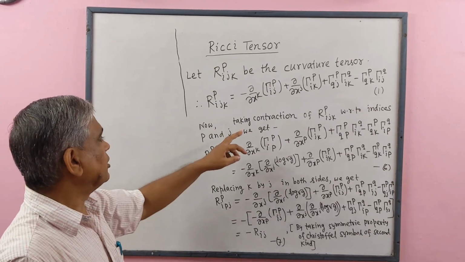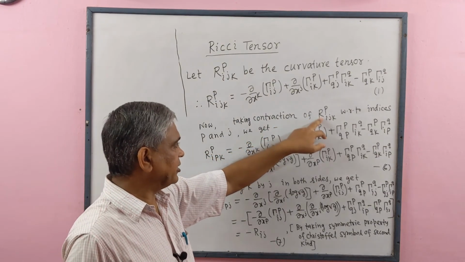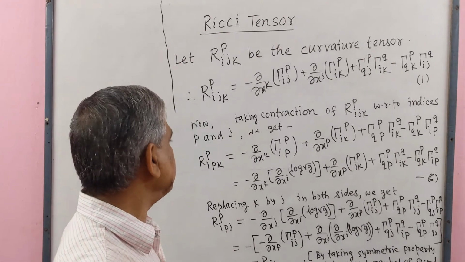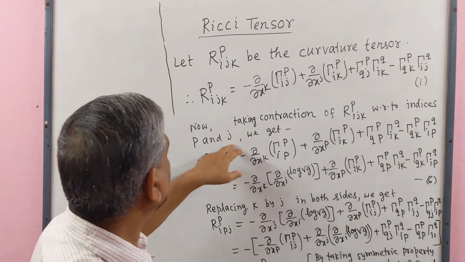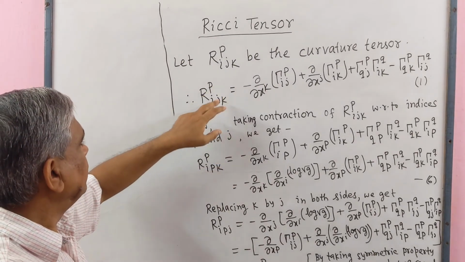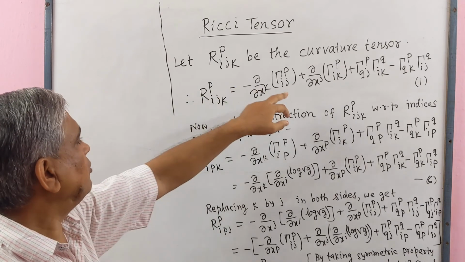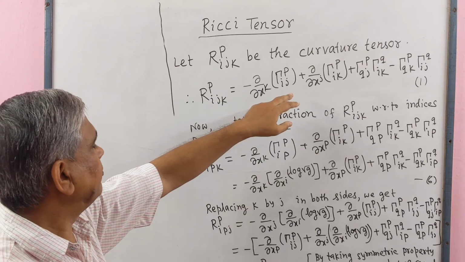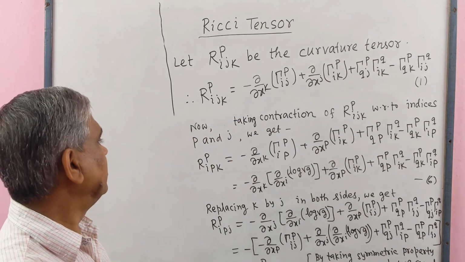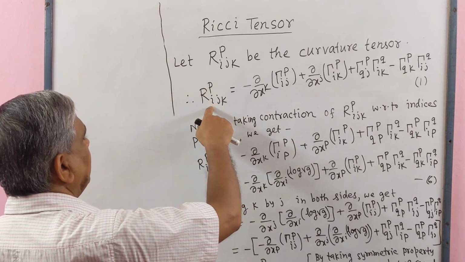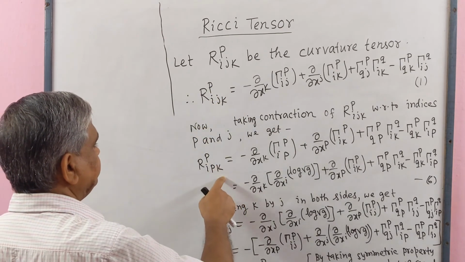Now taking contraction of curvature tensor R^p_{ijk} with respect to indices p and j. Here in place of j we write p. In right side also in place of j we write p. So we get here R^p_{ipk}.